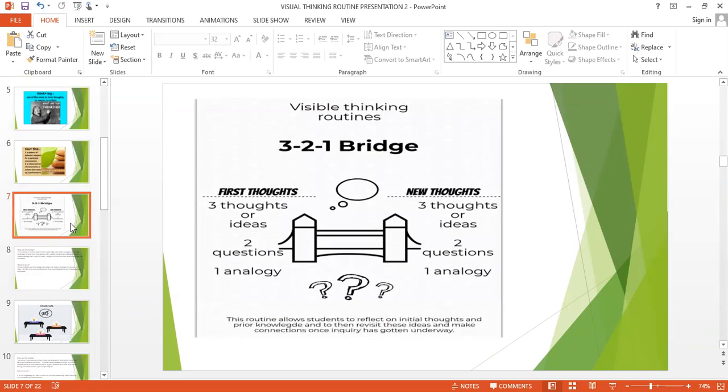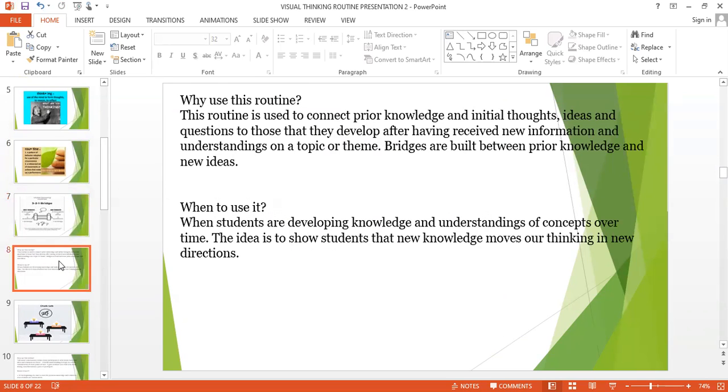Now, I will tell you why to use this routine and when to use it. This routine is used to connect prior knowledge and initial thoughts, ideas, and questions to those that they develop after having received new information and understanding on a topic or theme.